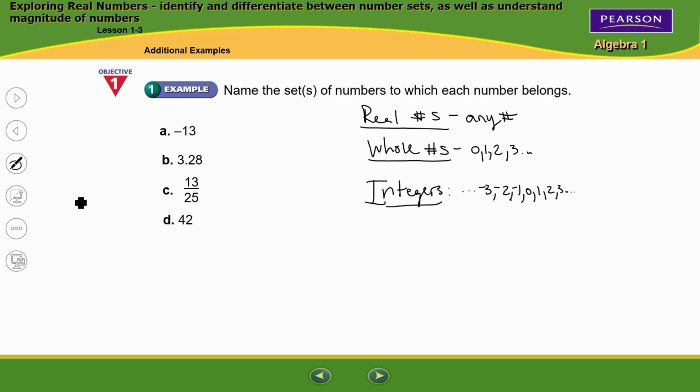Sorry about that. You've got rational numbers, which are any number that can be written as a fraction.